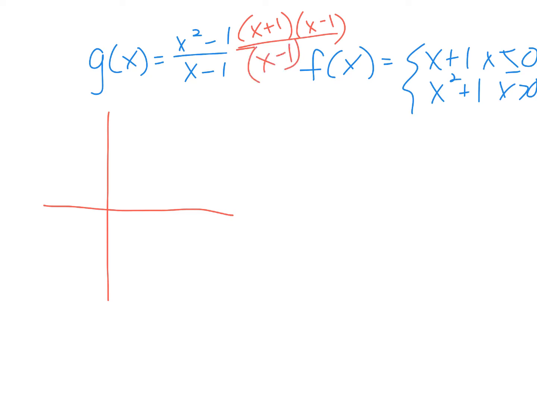So if I were to graph this, I have a point there, and we'd have an open circle at 1, 2. Why? Because 1 makes numerator and denominator 0. So we will have a removable discontinuity.